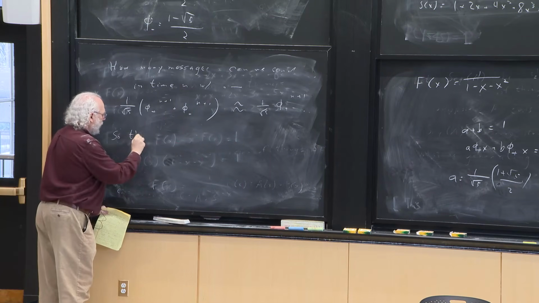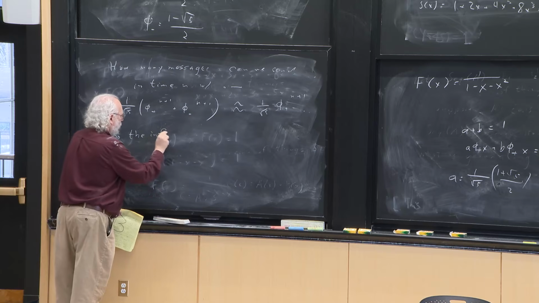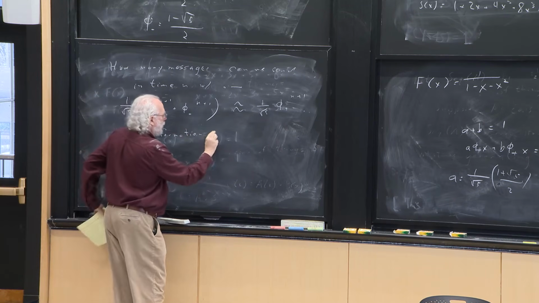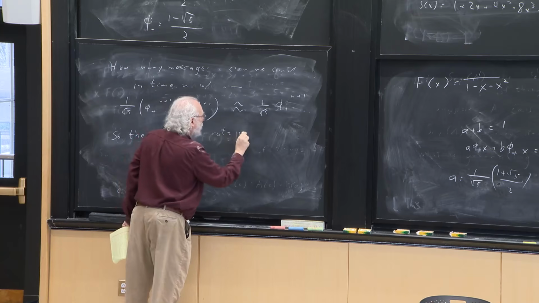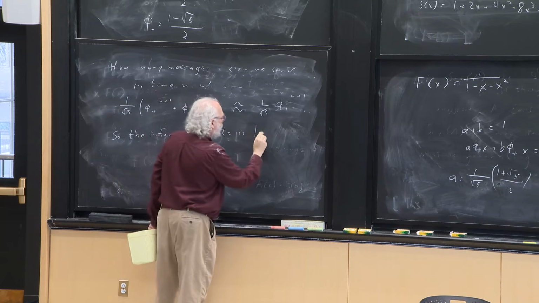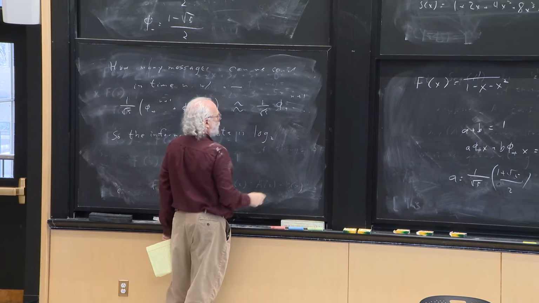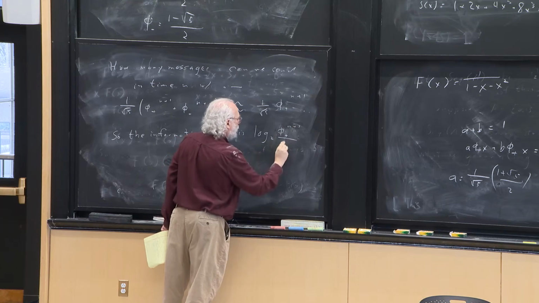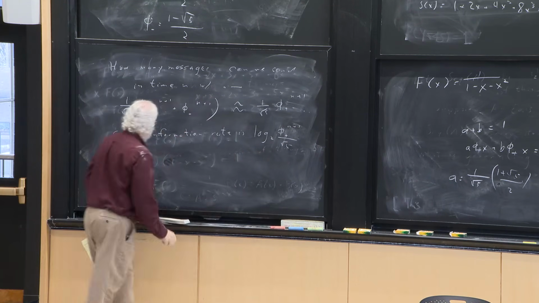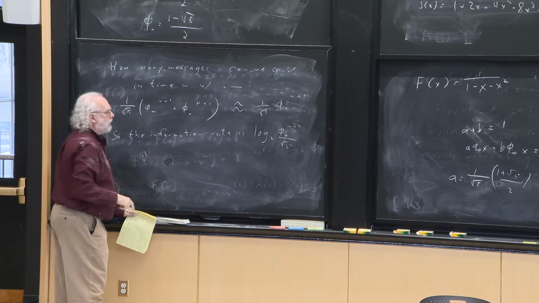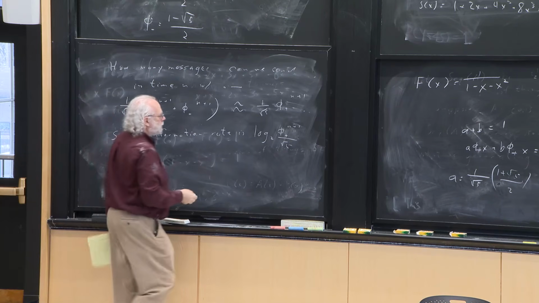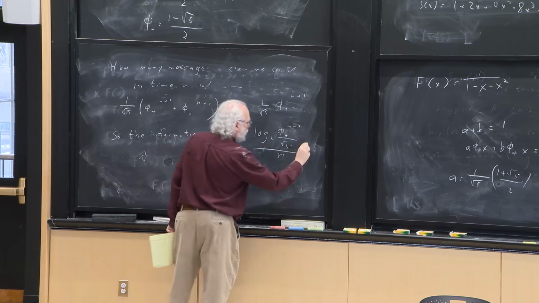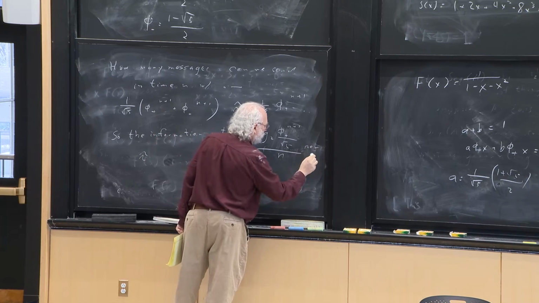So the information transmission rate might be approximately, well, we want to divide this by the time per time unit.